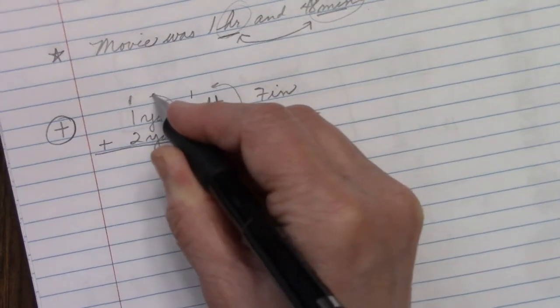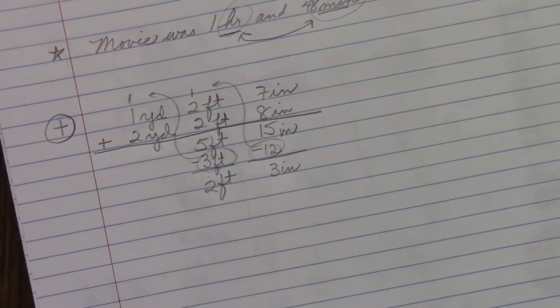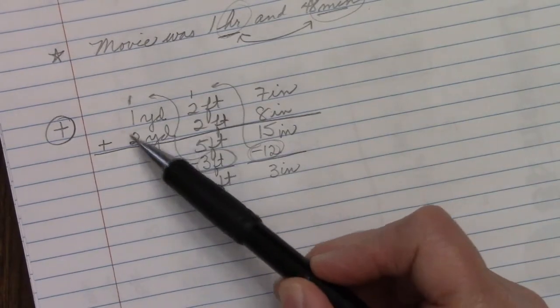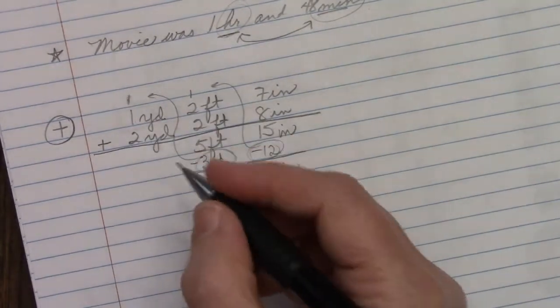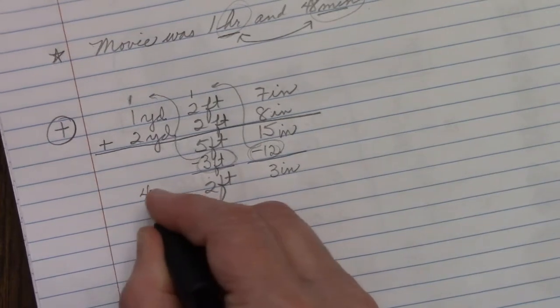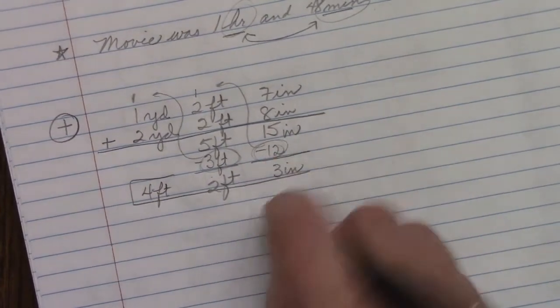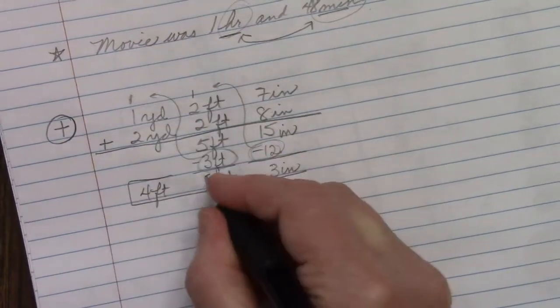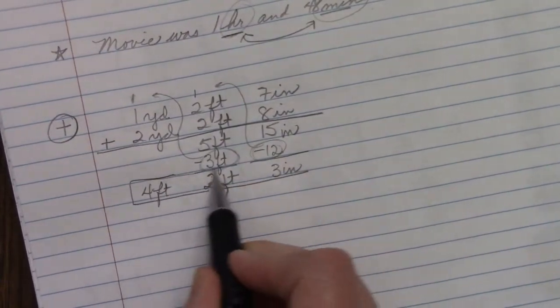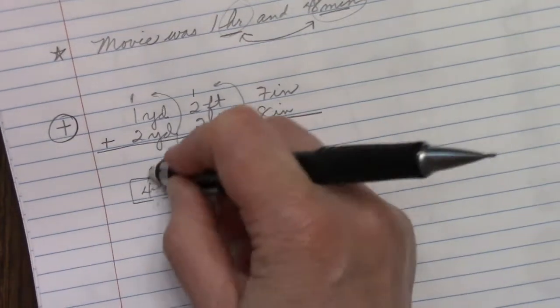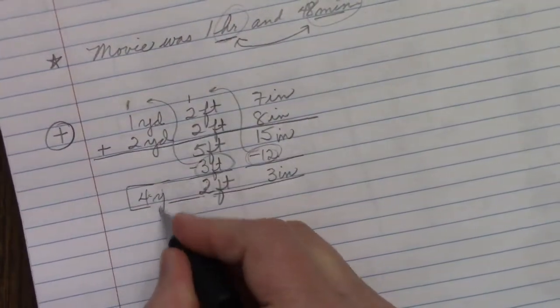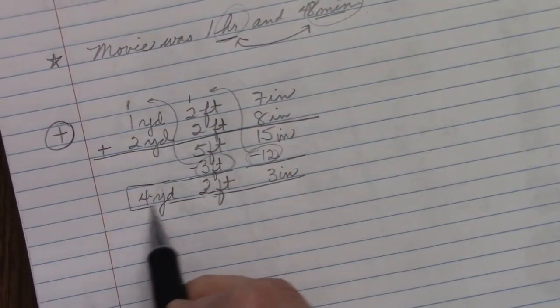I'm going to put those 3 feet up there because they're equivalent to 1 yard, 12 inches equivalent to 1 foot, and now I have 2 yards, 3 yards, and 4 yards. So I'm going to drop that straight down. The answer that we have here for this addition problem is 4 yards, 2 feet, and 3 inches.